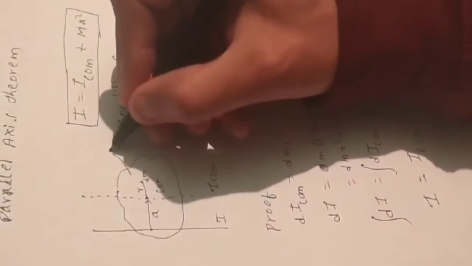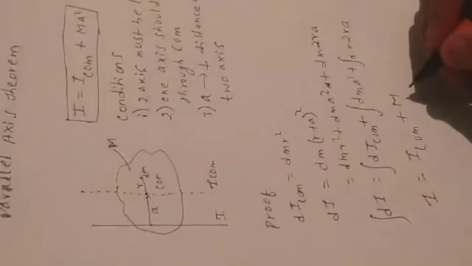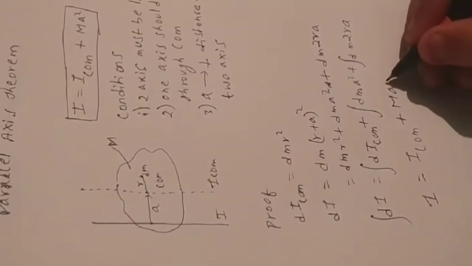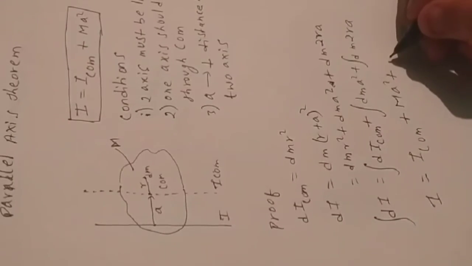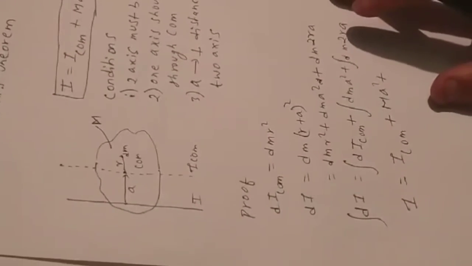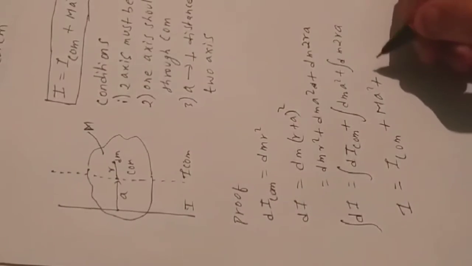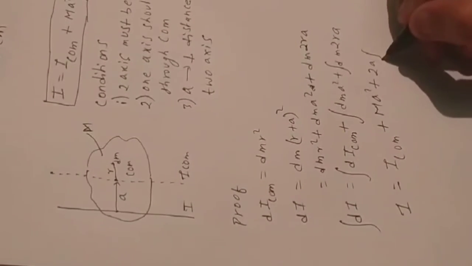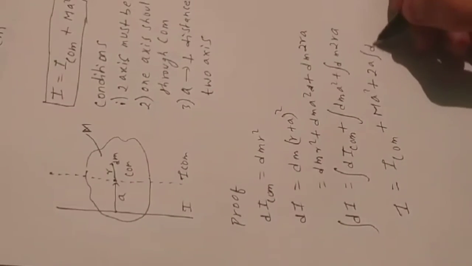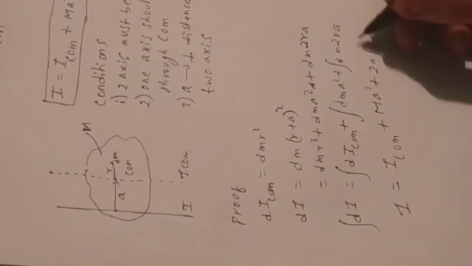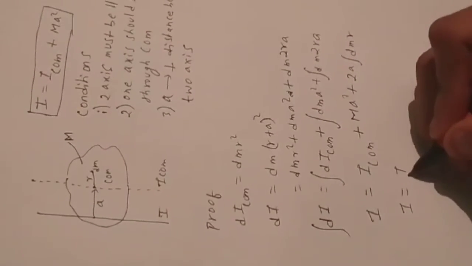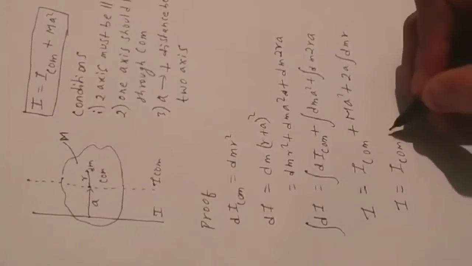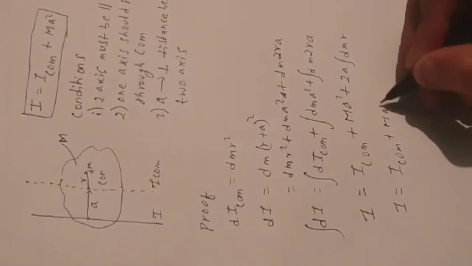So this m is the whole mass, m a square, plus 2a, which is constant, and let us leave here the integration of dm r. This integral of dm r equals 0, so I equals ICOM plus m a square.